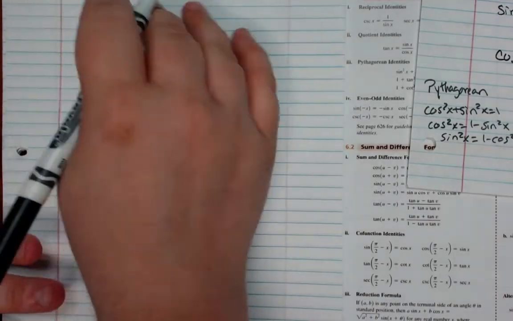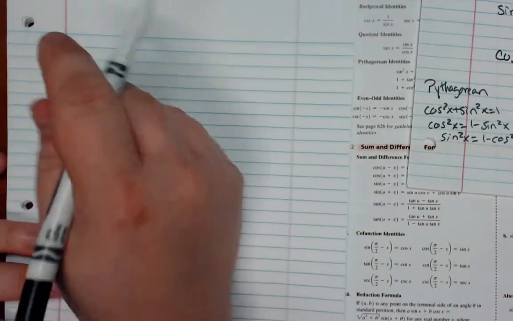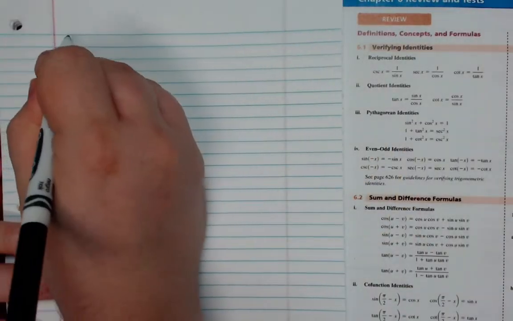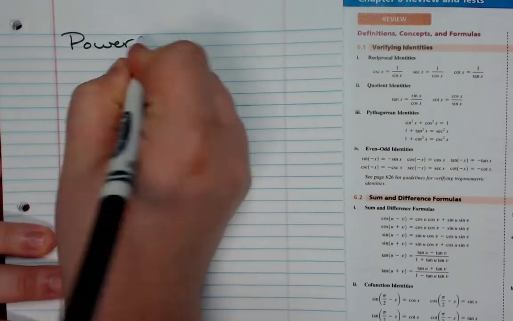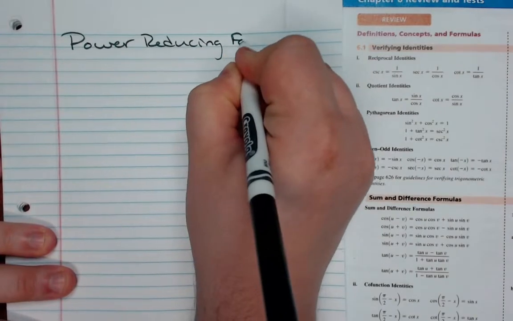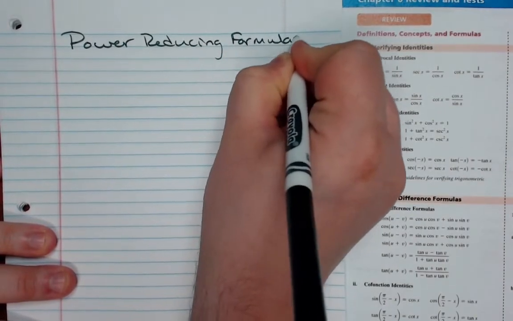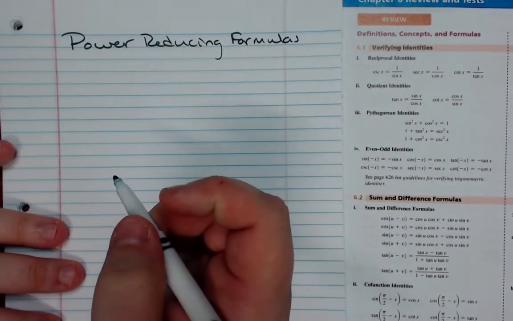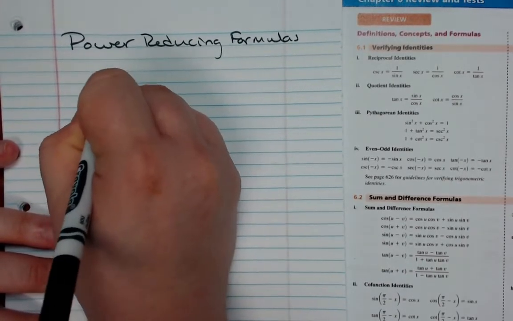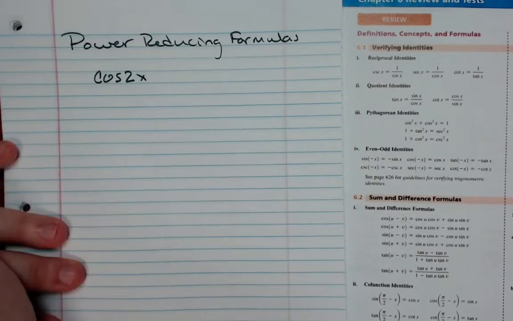We then have our power reducing formula, and so let me do my best to keep this on the screen. So what I'm going to go ahead and do first is I'm going to remind us of our cosine 2x.